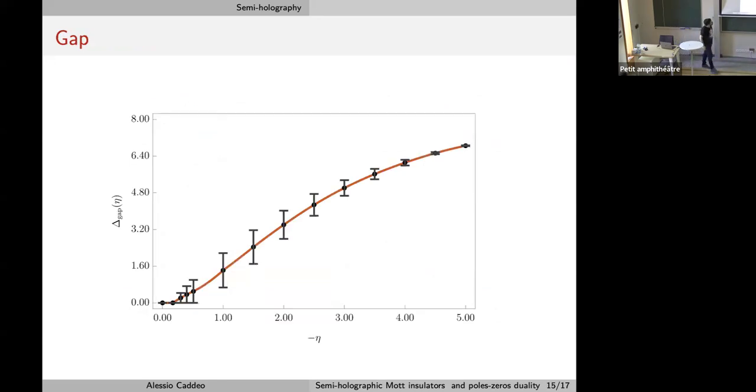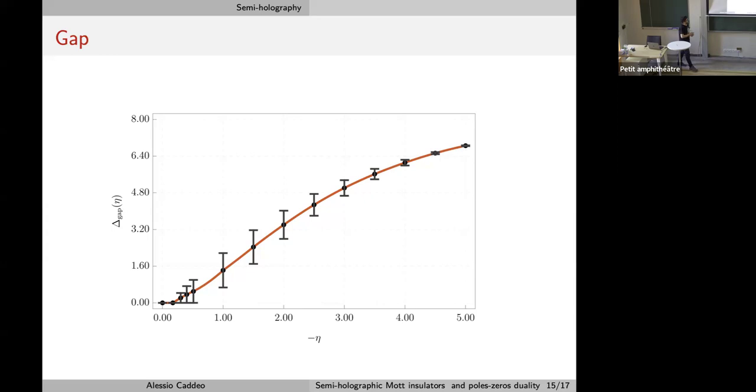Here I'm plotting the value of the gap as I increase, or if you want, decrease eta. So the gap opens, depending on the criterion one uses, at a very small value of eta. I'm putting error bars, since there is always an ambiguity in defining what a gap is.